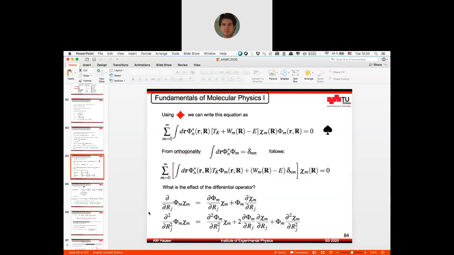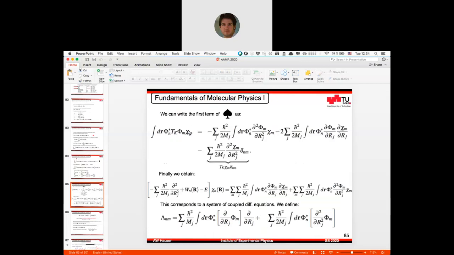Then we take the second derivative, again using the product rule, and get these three terms. So now we know how this operator looks, and we see what it does to the functions involved. With this knowledge, we go back and look now at this integral. So we put in for T_K our three terms, first term, second term, and third term.